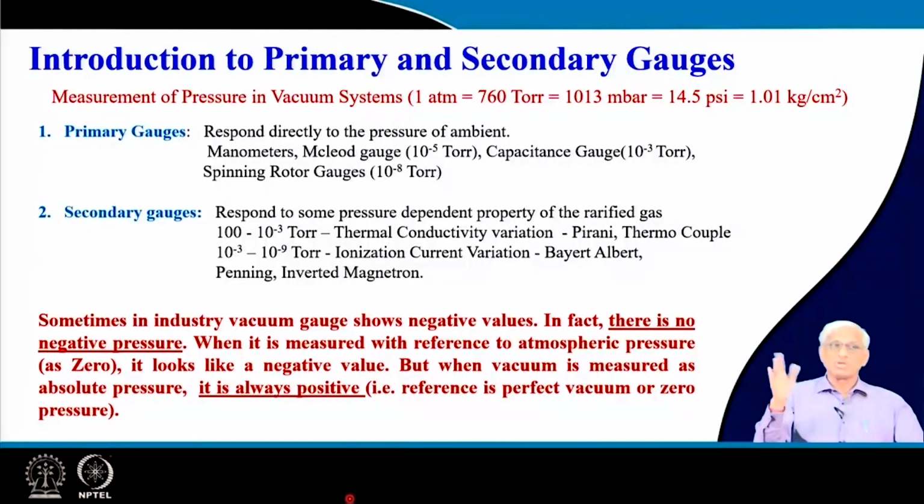Then we are measuring absolute pressure. Absolute pressure can never be negative, whereas with the relative gauge pressure that we sometimes measure using a Bourdon gauge in some industrial atmosphere, we sometimes find a negative scale. Pressure cannot be negative. Okay. Only conceptually you can say vacuum is negative.